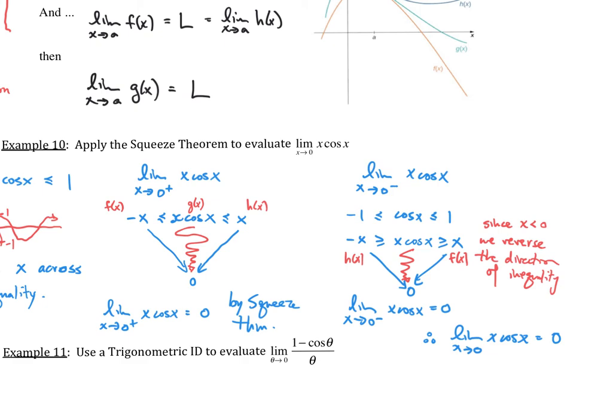In general, we had to break it up into two cases because this x is both positive and negative around 0. So if this was an x squared, I wouldn't have to do two separate things because x squared is always positive. So I could just multiply across by x squared without worrying about the direction of the inequalities.